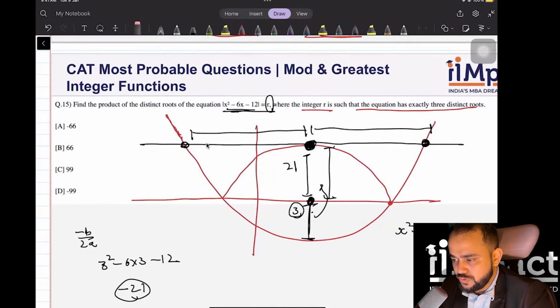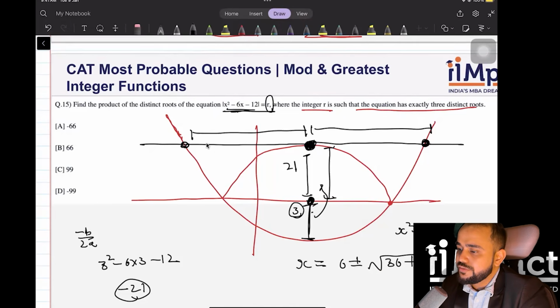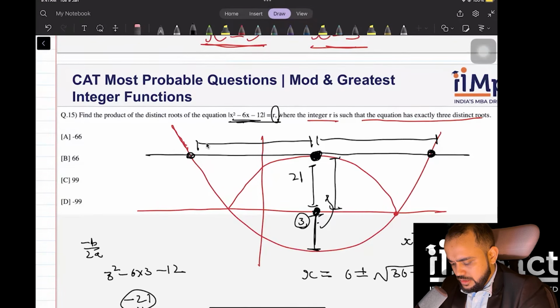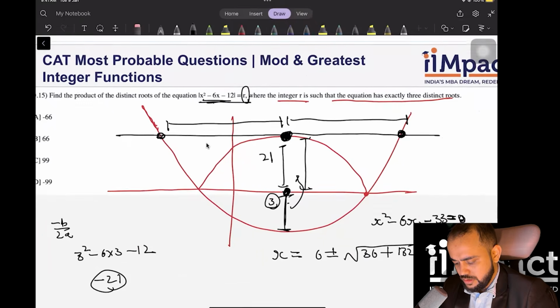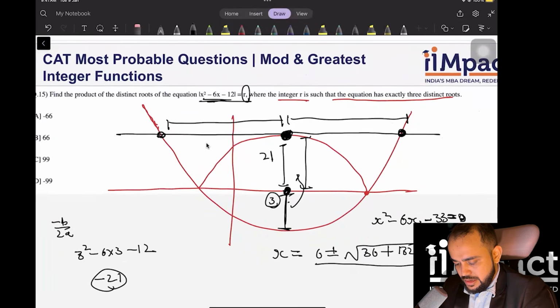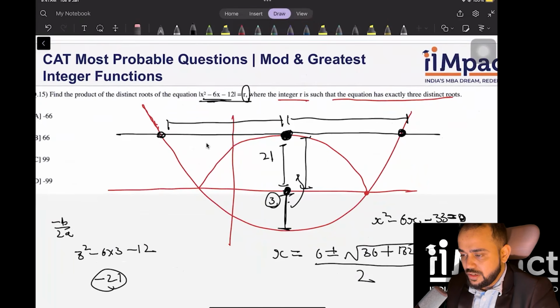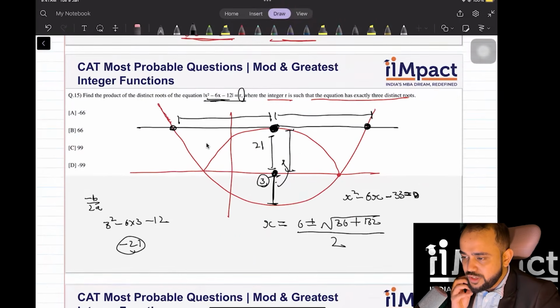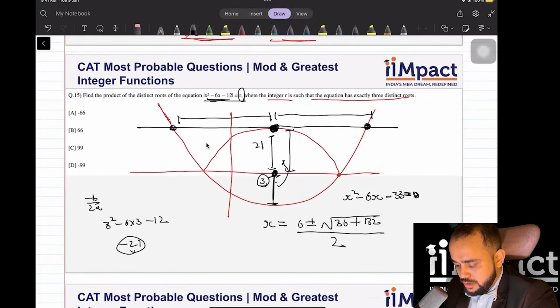So you can find the roots for this as x is equal to 6 plus minus under root 36 plus 4 into 33, which is going to be 132, divided by 2. You actually don't need to find individual roots. So one root will be alpha, which will be this. The other root will be beta, which will be this.